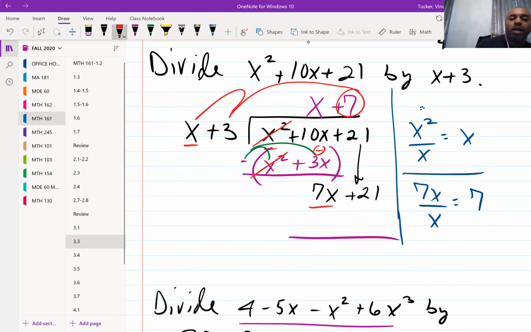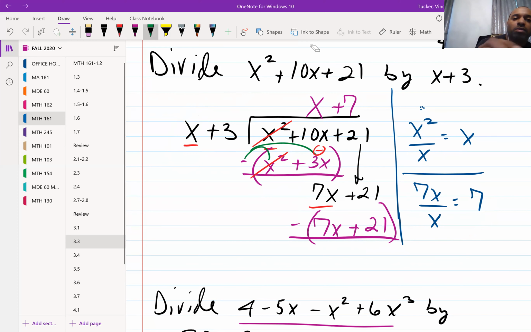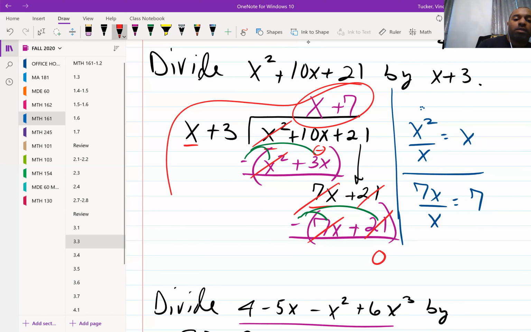Take the 7, multiply it to both of these terms out here. 7 times x is 7x. 7 times 3 is 21. Subtract. So 7x minus 7x cancel. 21 minus 21 cancel, leaves you with a remainder of 0. So your answer is just x plus 7.